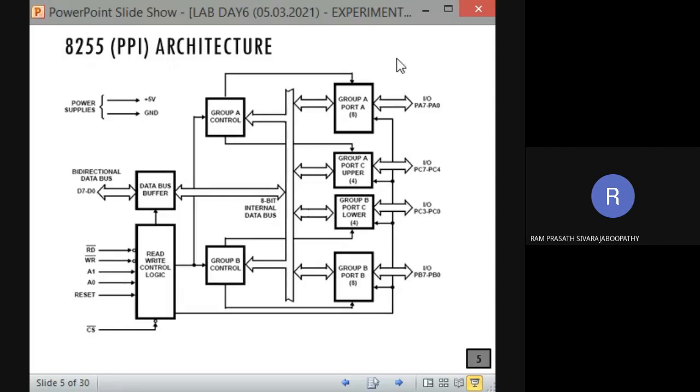Whereas port A is having 8 pins, port B is having 8 pins, port C upper is having 4 pins, and port C lower is having another 4 pins. In total we are having 24 pins. Correct? Fine? Okay, so this portion we call it as IO interfacing pins or port pins. Simply, the 24 pins, na enna solla poren, input output pins. That's all. Fine?